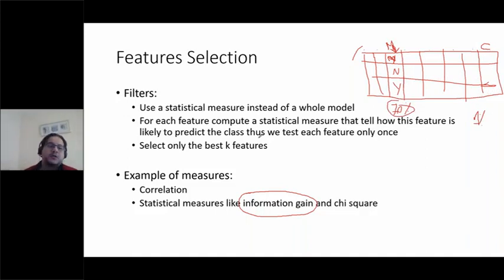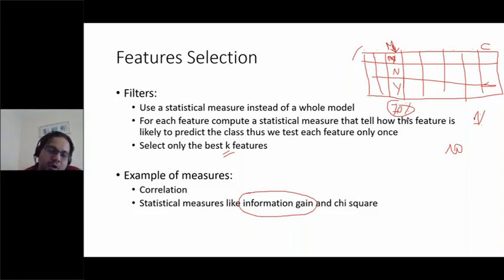Okay? So we select only the best K features, and then we rank them by this prediction power, information gain, or whatever measure we are using. We rank them, and we take, say, sometimes the best 10% or so. And this can generally do a good job in practice.